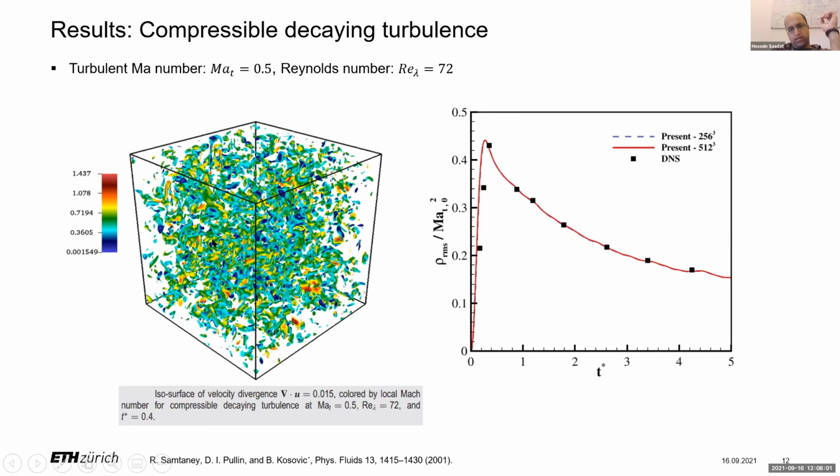The left picture shows the isosurface of velocity divergence colored by local Mach number, and you can see the supersonic regions in red. The root mean square of density is compared in the right picture using 256 grid points. Again, even for this high Mach number, the 256 grid points is enough to capture the DNS.